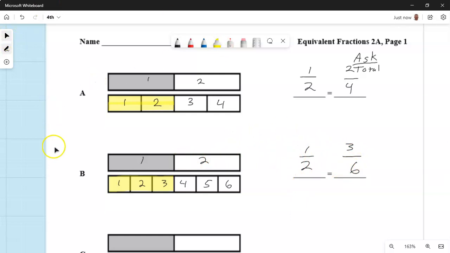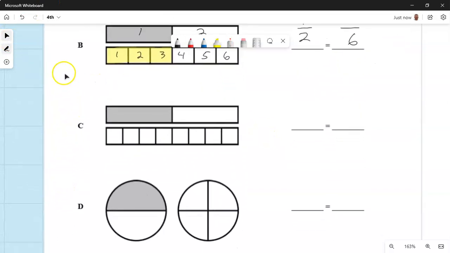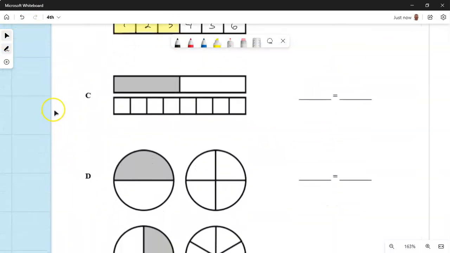Okay, let's go ahead and scoot down and look at C and D. So C looks like 1/2 again. I've got one part shaded, so my numerator is 1, and I've got 2 total parts. That's 1/2. And on this one, I'm going to shade in an equal amount.